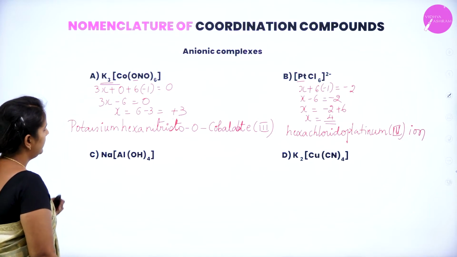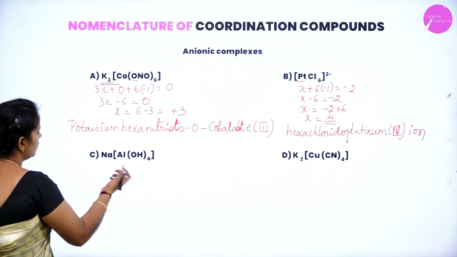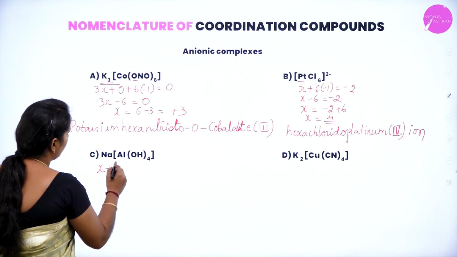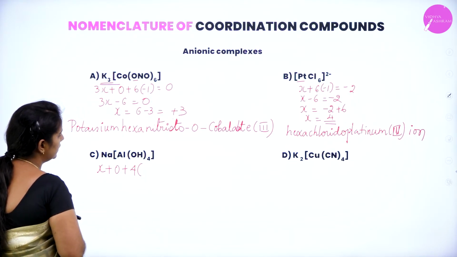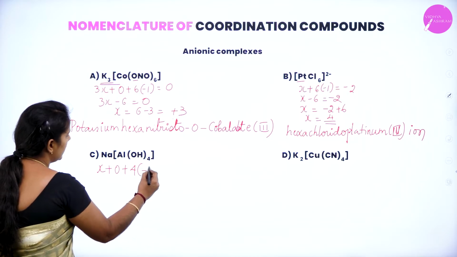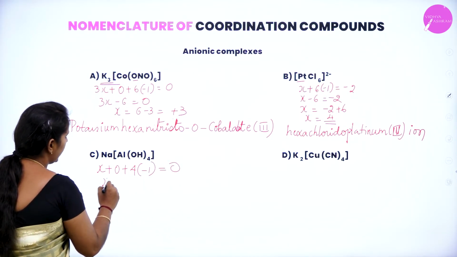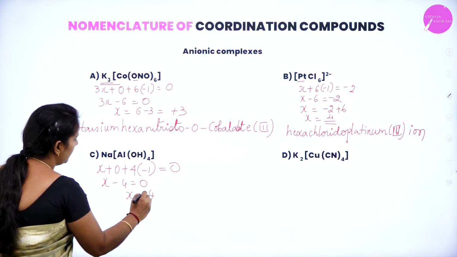Okay. Next we have one more complex. Here you can see that aluminium is the central metal atom. So X plus 0 plus 4 into, for the OH, it is minus 1. So it is equal to 0. So X minus 4 is equal to 0. X is equal to plus 4.